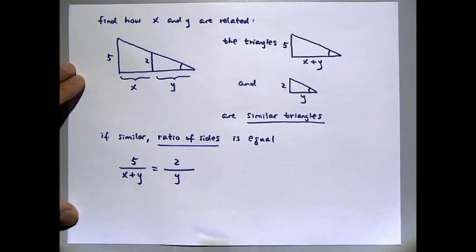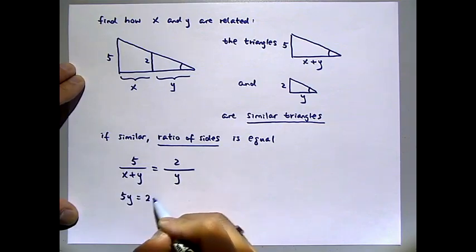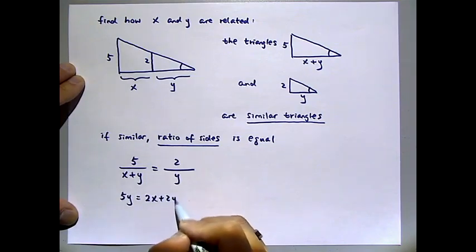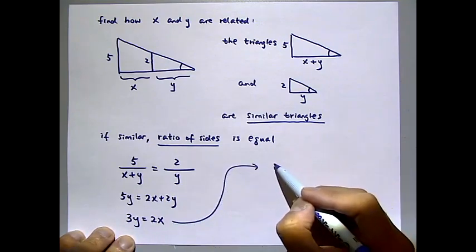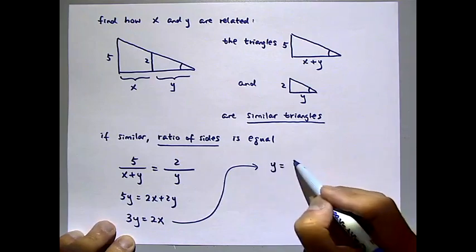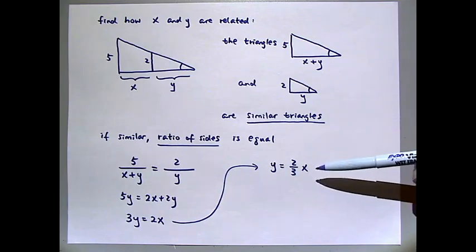Let's rewrite this one here. Cross multiply. Simplify a little bit. And finally, if I divide by 3, I get y is equal to 2/3 times x. Okay, and that's precisely how these two variables are related.